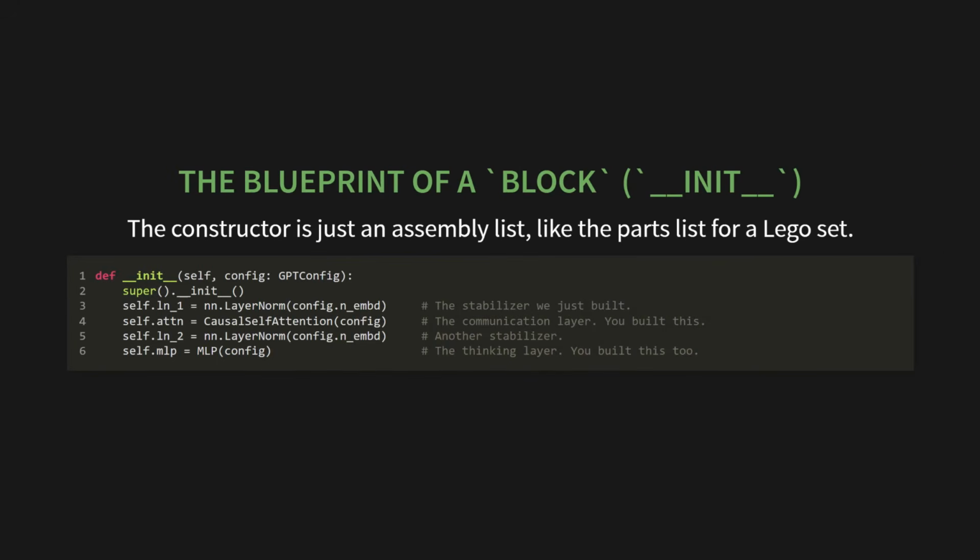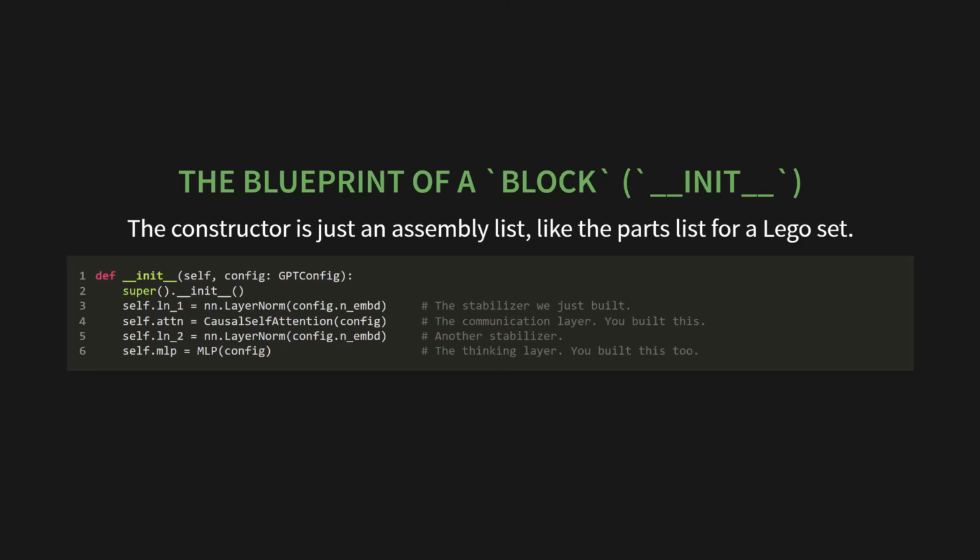Let's look at the blueprint of a block, the dunder init method. The constructor is just an assembly list. It's like the parts list for a Lego set. First, we have self.ln_1 equals nn.LayerNorm. That's the stabilizer we just built. Then, self.attention equals CausalSelfAttention. That's the communication layer you built. Then another stabilizer, self.ln_2.